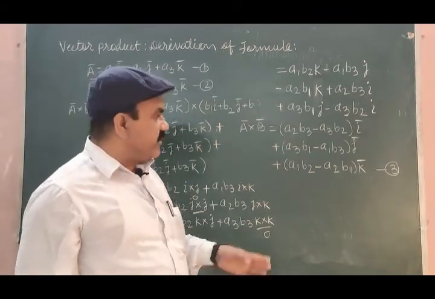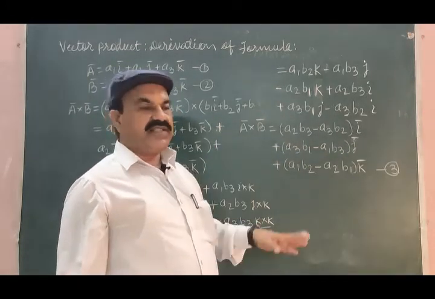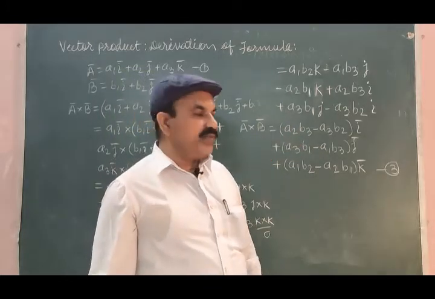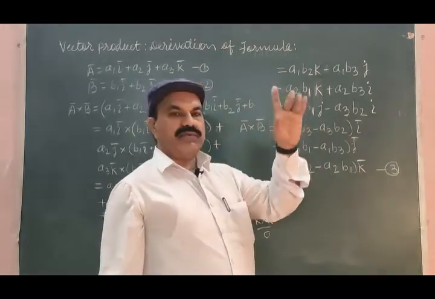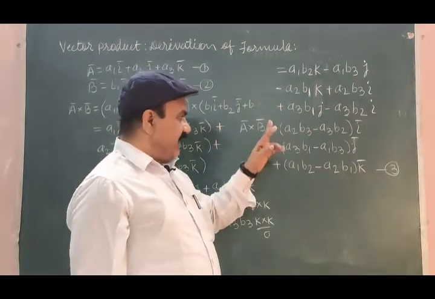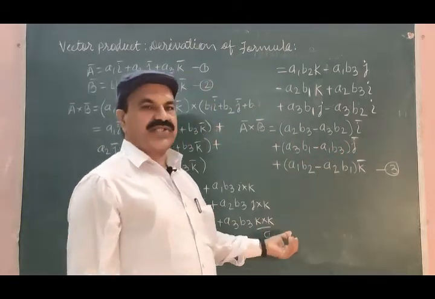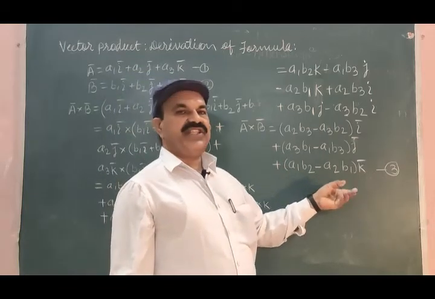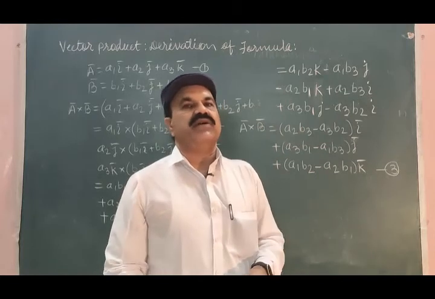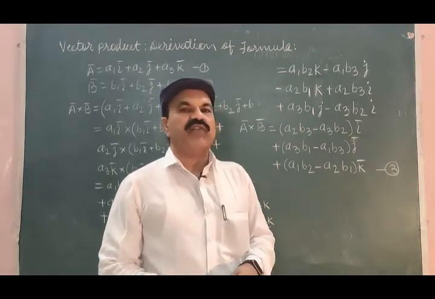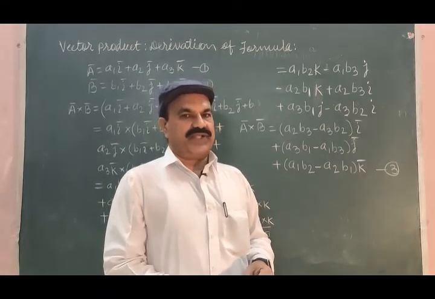Or the other way is to remember this formula: a cross b is equal to (a2 b3 minus a3 b2) into I plus (a3 b1 minus a1 b3) into j plus (a1 b2 minus a2 b1) into k, equation number 3. This is one method of getting the formula for cross product or vector product of two vectors.